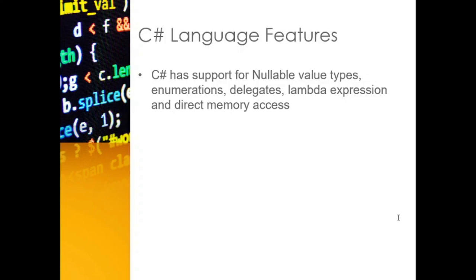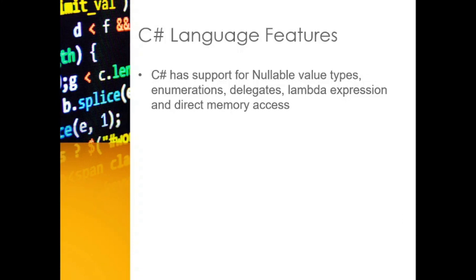There are two types of variables we can use in C Sharp: value types and reference types. A value type cannot be assigned a null value. For example, int i equal to null will give a compile time error. A nullable type can represent the correct range of values for the underlying value type, plus it can be assigned an additional null value. That is a nullable value type.